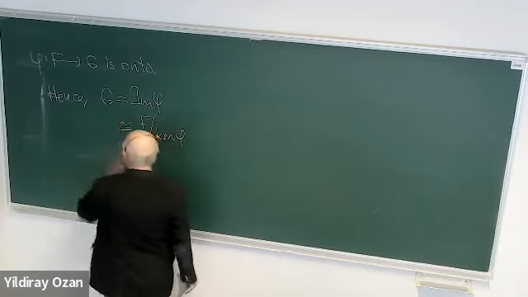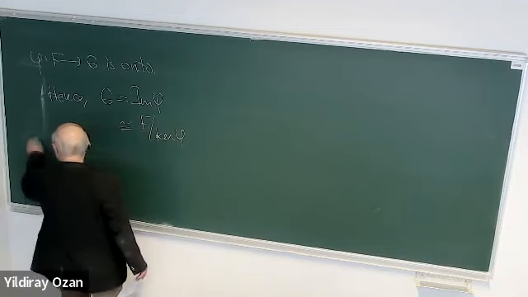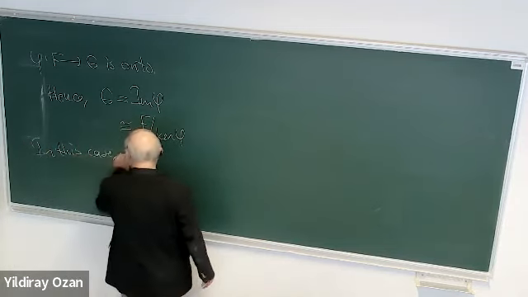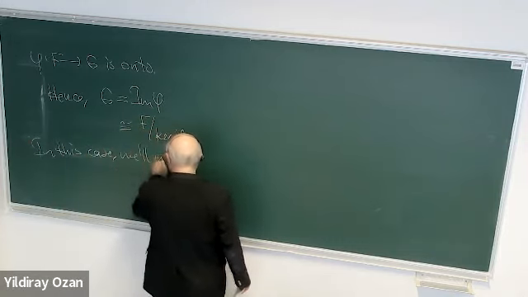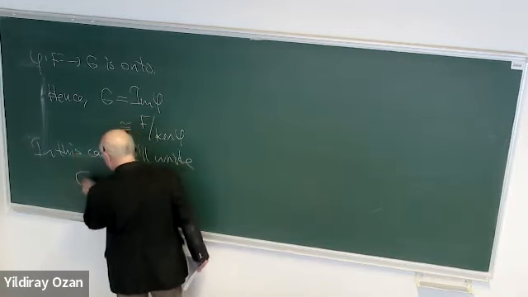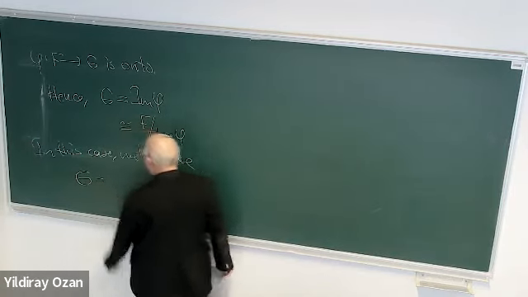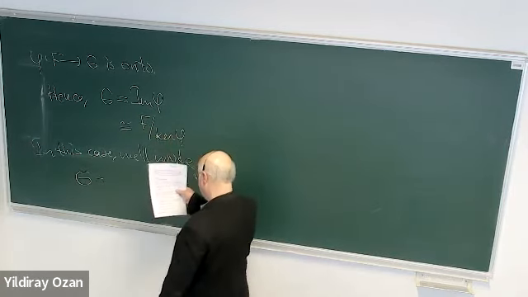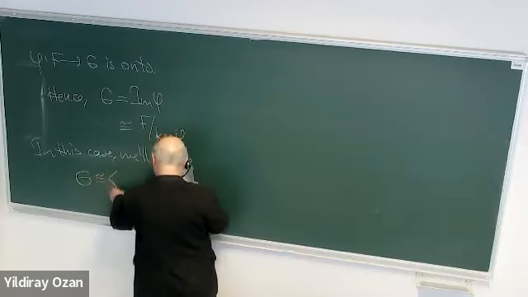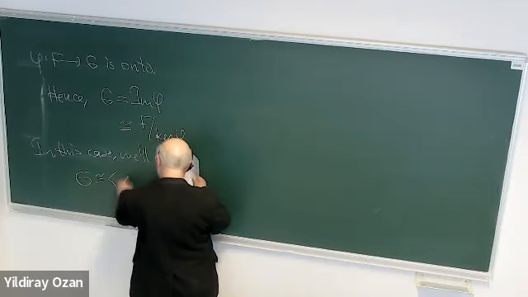And in this case, we will write the following. So G is isomorphic actually to the following.